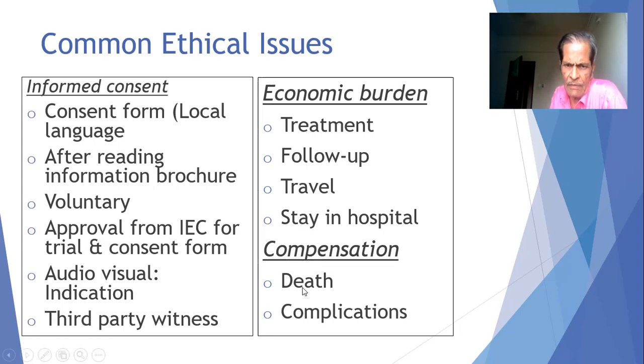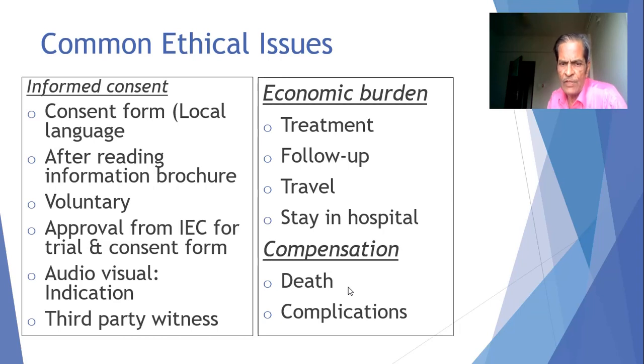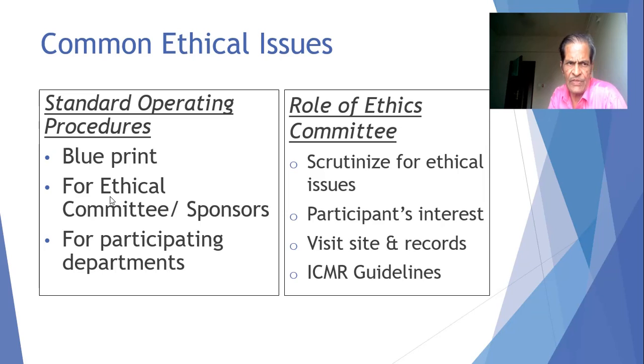In fact, many trials nowadays insure for this purpose also, and the premium for this insurance is paid by the sponsors of the trial. So provision must be made for the compensation in the informed consent. Compensation must be there for the economic burden. So these are some of the ethical issues in the clinical trial which must be considered.